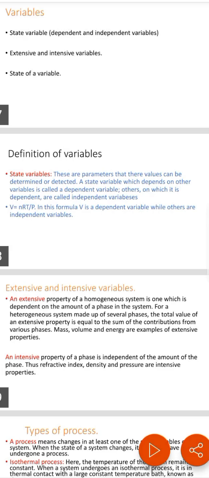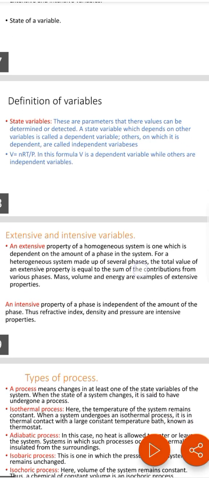Now, a state variable which depends on other variables is called a dependent variable, while the ones it depends on are called independent variables. Look at this formula for volume: V is equal to nRT over P. In this formula, V, the volume, is a dependent variable, because whatever the values of n, R, T, and P are will tell us what V will be.